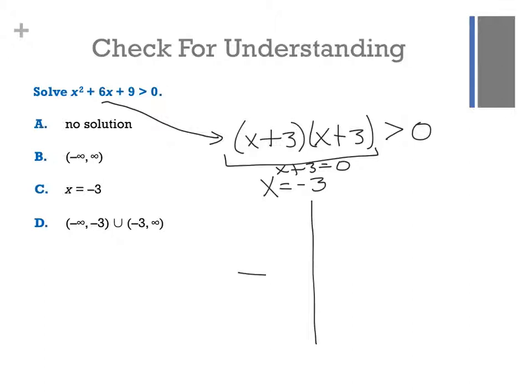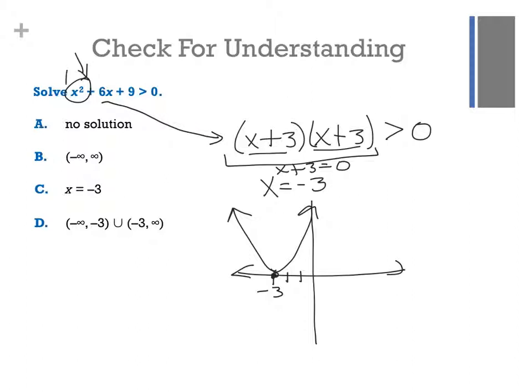So when I look at my graph of my function, I know that we are going to just touch at negative 3. There's only one 0 here because both factors are the same, which provide me with the same 0. And I know that my end behavior is pointed up, again, because my lead term is x squared. Since my degree is even and my lead term is positive, the function opens up.